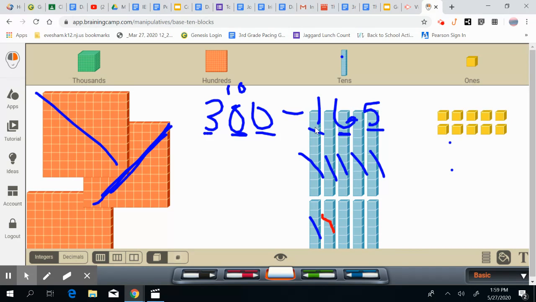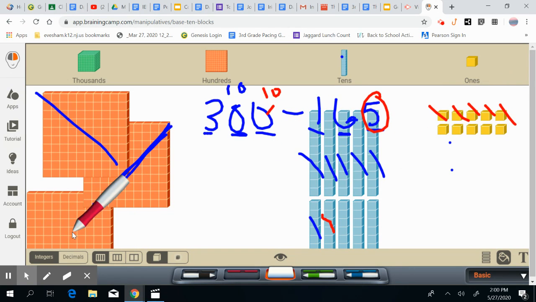This becomes a 10, so I have 10 ones now instead of 0. 10 ones, subtract 5: 1, 2, 3, 4, 5. Now I can do that because I broke apart my 10 rod and made it into 10 ones. That's called regrouping.